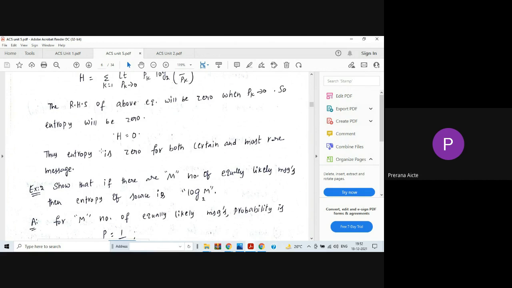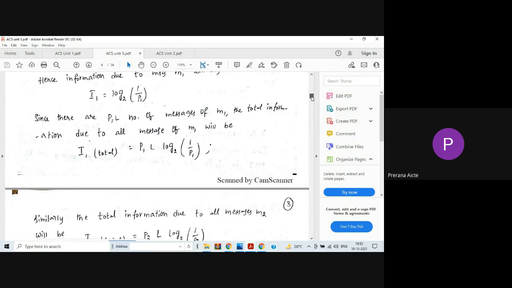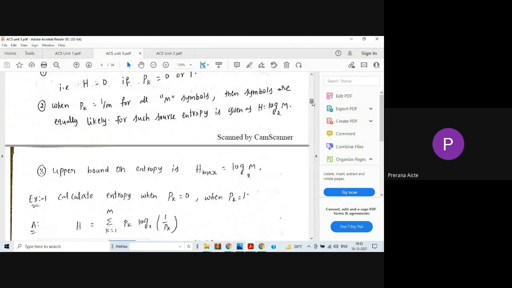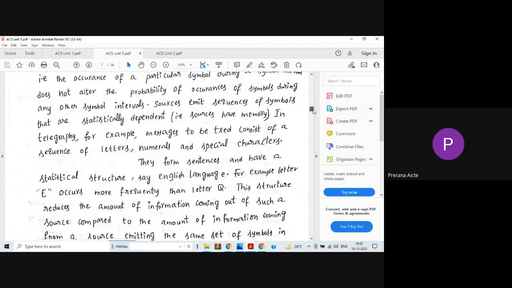And we have seen what is meant by entropy, the properties of entropy, then the Shannon-Hartley theorem, or channel capacity theorem, and its formula. We have also seen a problem related to the channel capacity theorem.